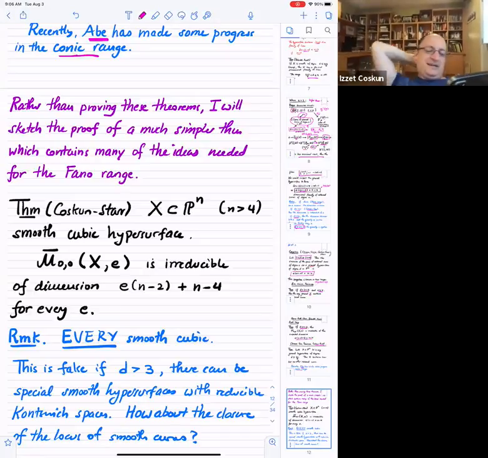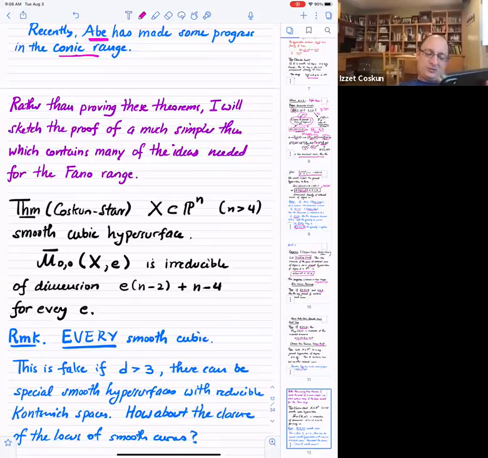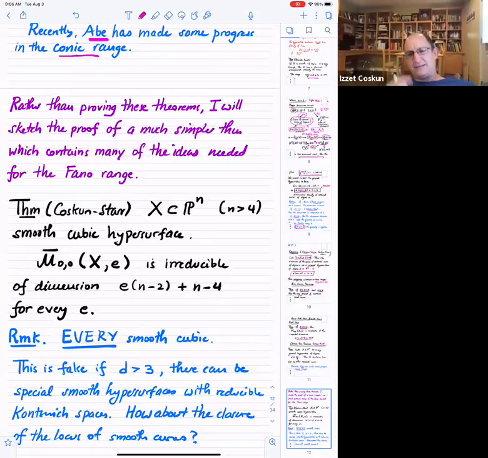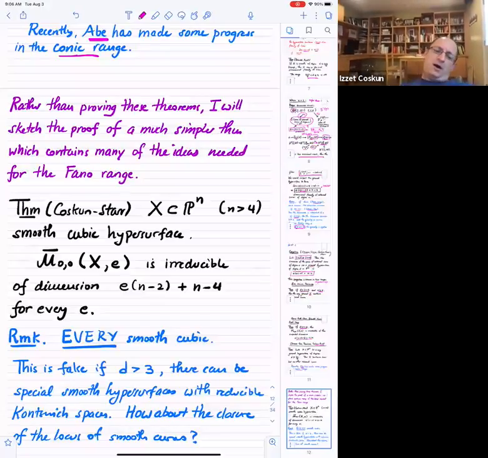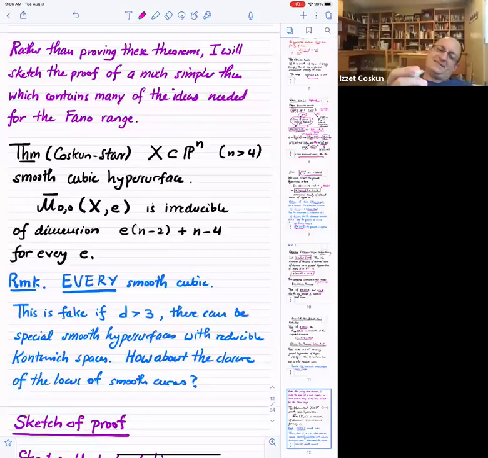You have to be a little bit more clever to do it, but most of the basic ideas are there. So let me sketch the argument so that you see what kinds of techniques go into it. All right, so this is the theorem of Jason Starr and myself, which says the following thing.